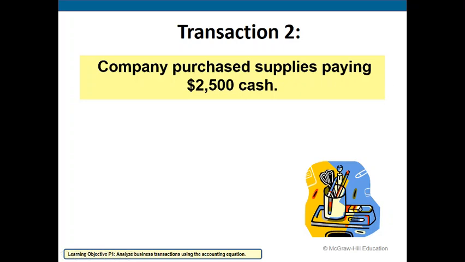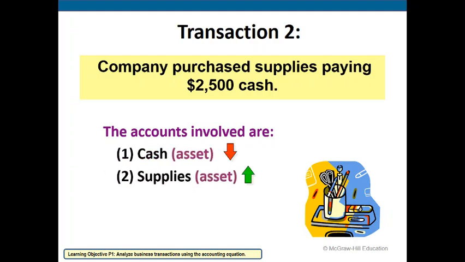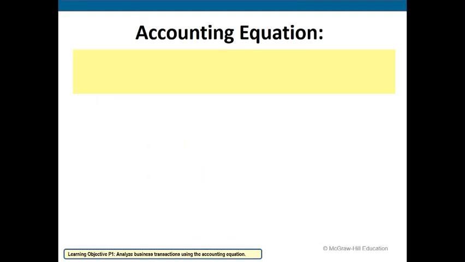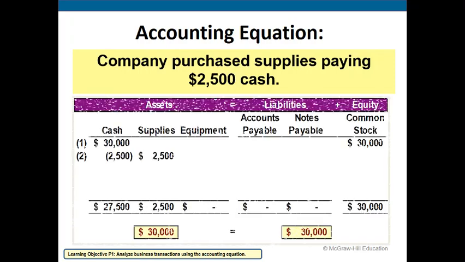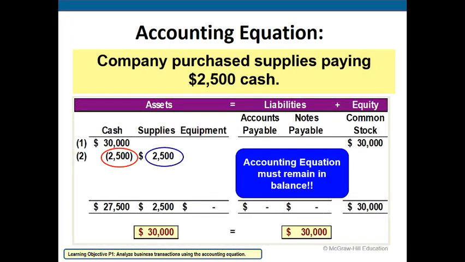And so note here, one asset account goes down, cash. Another is created and goes up, supplies. So after this, we have two transactions. Note, overall, nothing's changed as far as the bottom line assets versus liabilities.